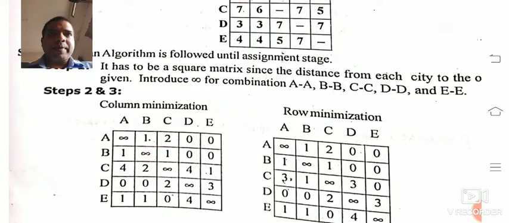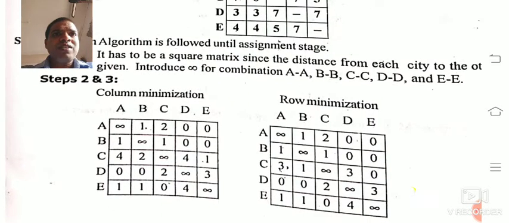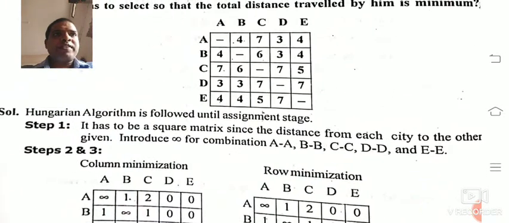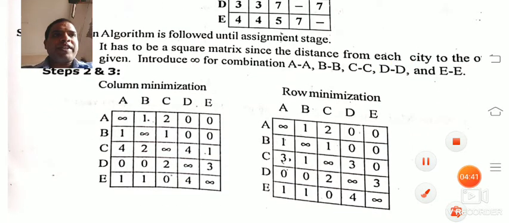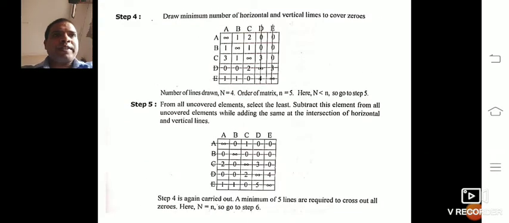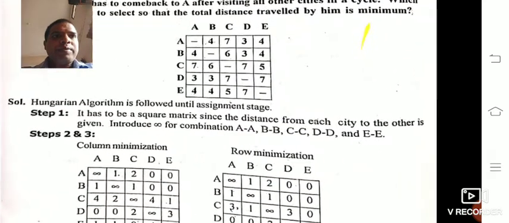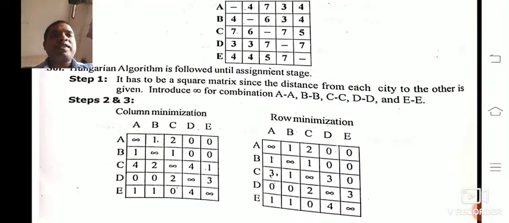Next, go to row minimization. In row minimization, we go row wise. In row A, the minimum element is 3. We subtract 3 from the other elements, and it becomes infinity, 1, 2, 0, 0. In the second row, the minimum element is 3.